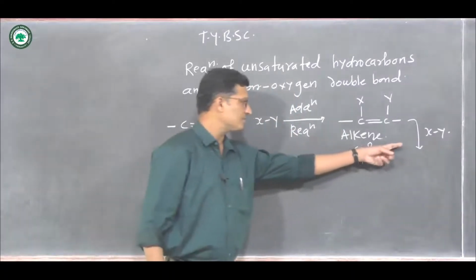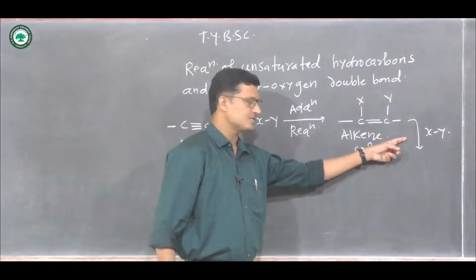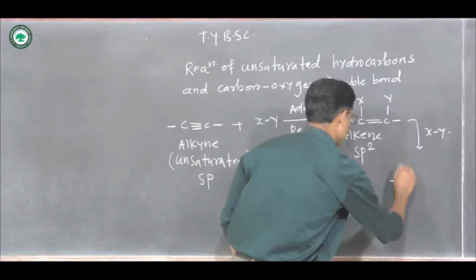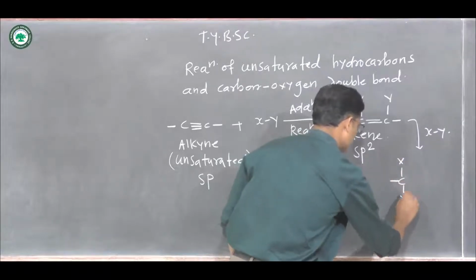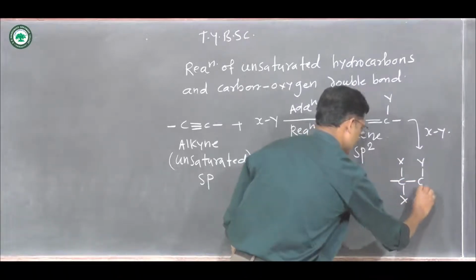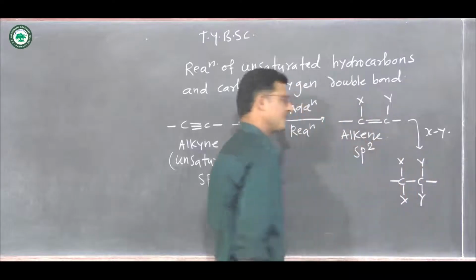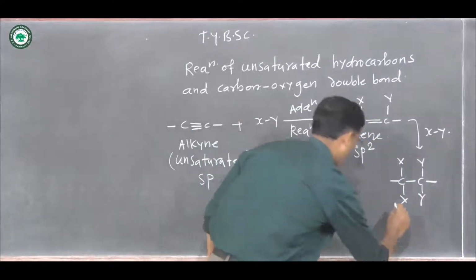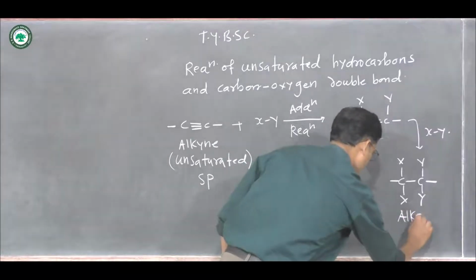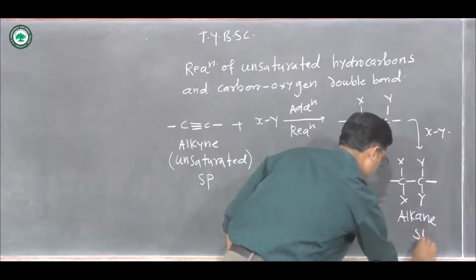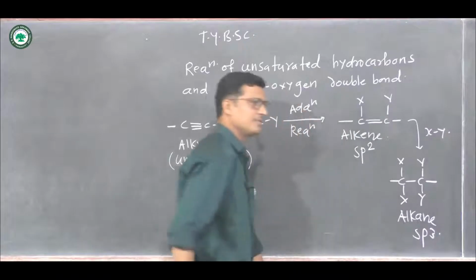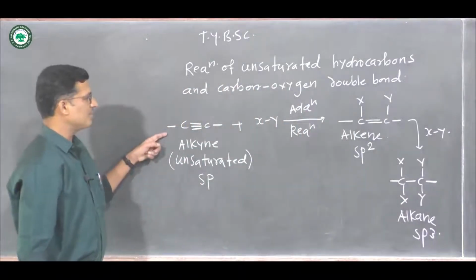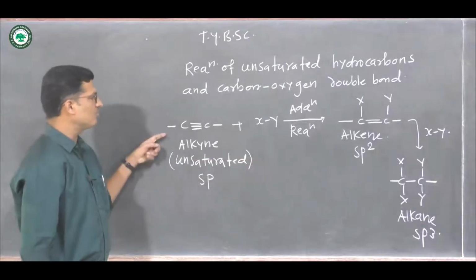Again the second molecule of reagent is added to the alkene, and then there is formation of your compound, and we get such a type of compound, and this compound we call alkane. And in case of alkane, the carbon has sp3 hybridization. So this is a simple example of the addition reaction.